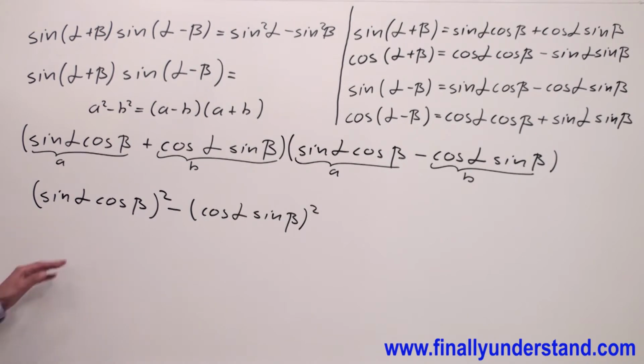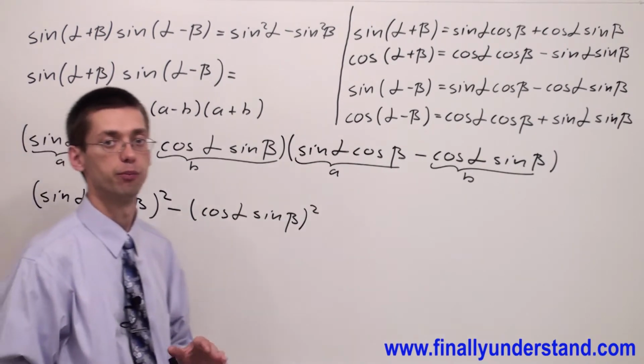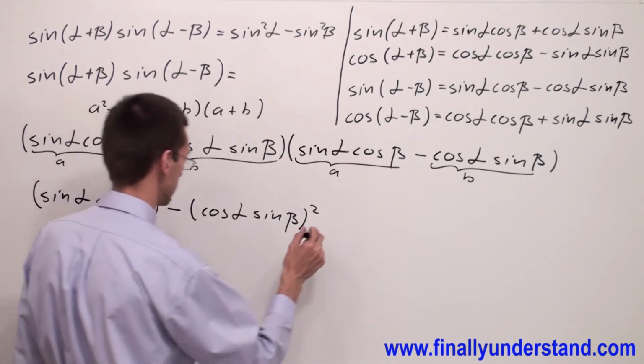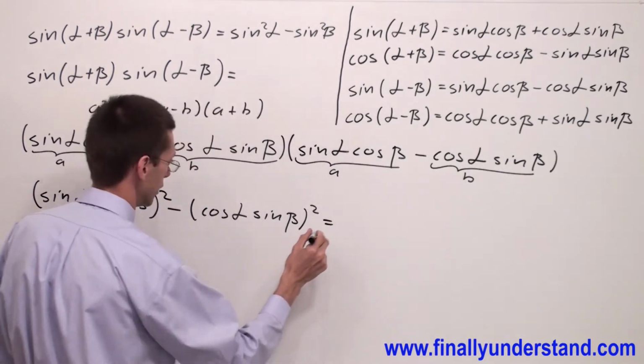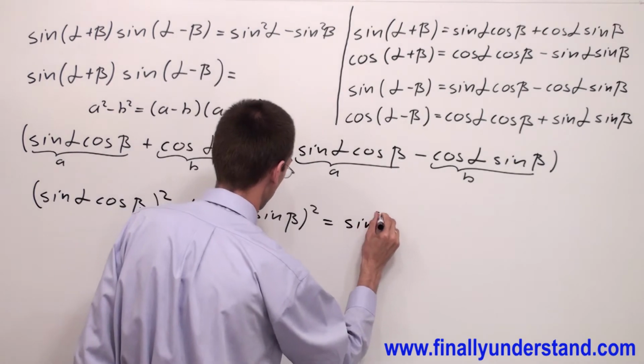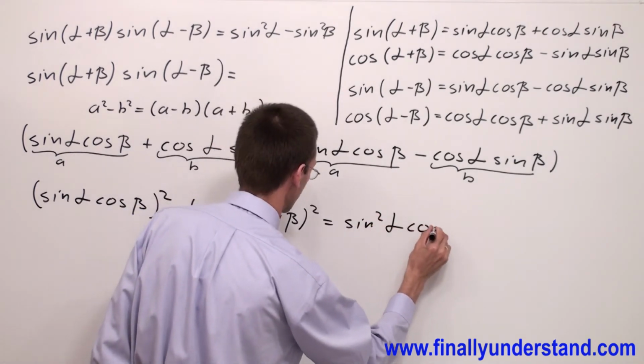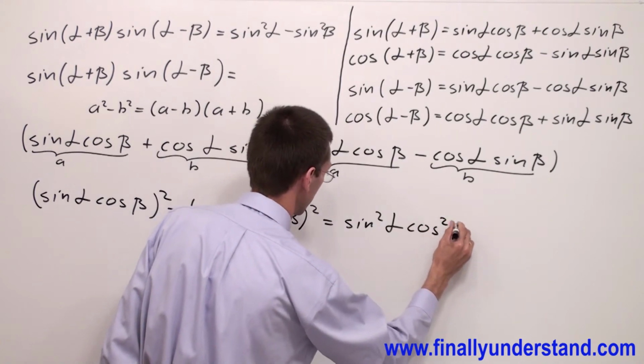Next, I'm supposed to apply the properties of exponents and rewrite these expressions as sine square alpha cosine square beta.